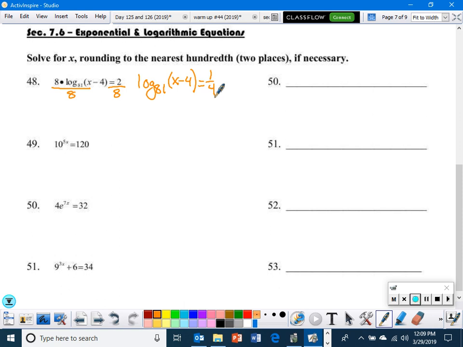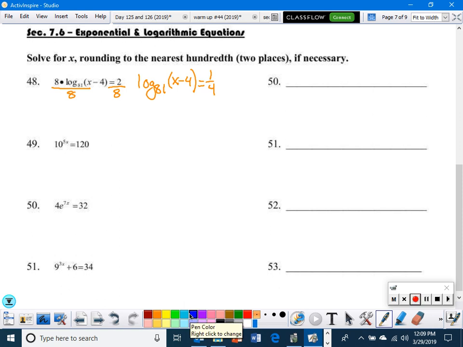Now, we're going to use one of the things we learned for solving these types of equations. We need to get rid of log base 81. And remember, what you do to one side, you do to the other. All right, here we go.